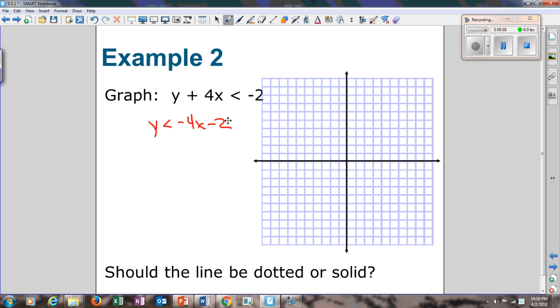So we go to the y-intercept, which is the minus 2, and make a dot. From there you go down 4 and over 1. Now we're going to use a dotted line because it's just a less than and not an equal to.